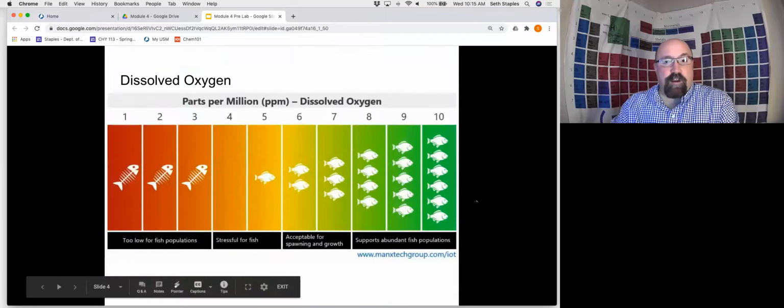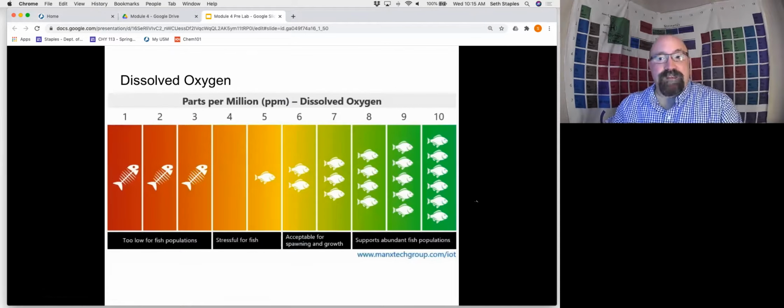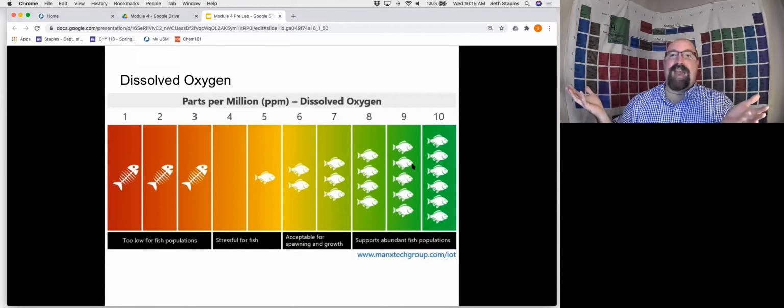We can see here some typical levels of dissolved oxygen. If we're up around 10 ppm, 10 parts per million, 9 or 10, we're fine. That's plenty of dissolved oxygen for fish to survive and thrive and live perfectly happy, peaceful little fish lives.